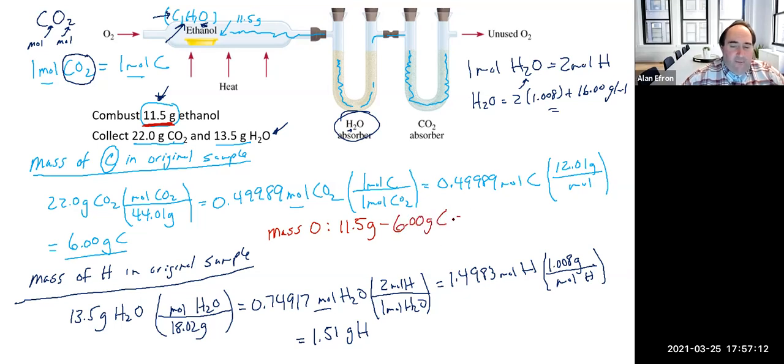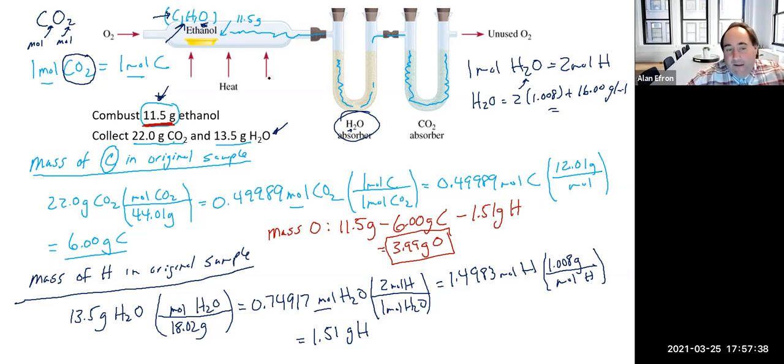We also know that 1.51 grams was hydrogen. And if we do all that good stuff there, we end up with 3.99 grams in the original sample that's left over, basically how many grams of oxygen there are. Any questions on that there?